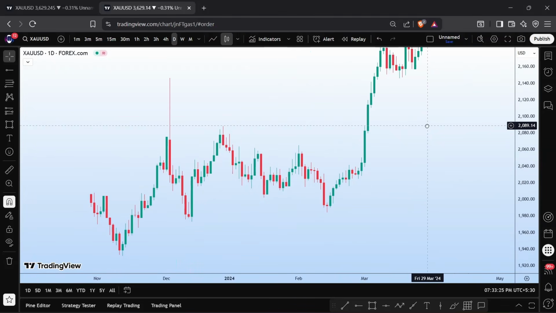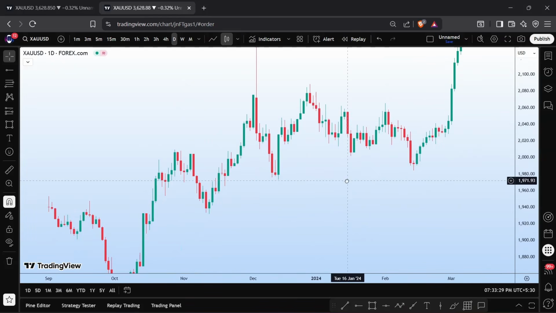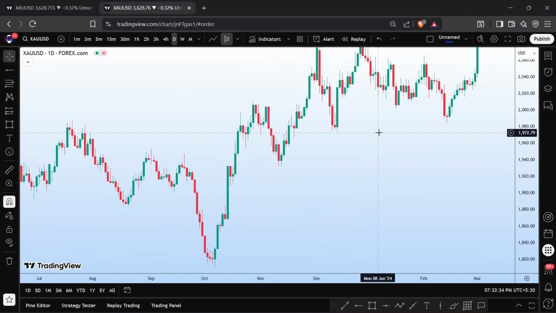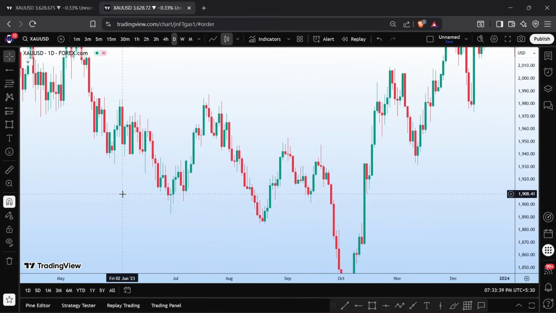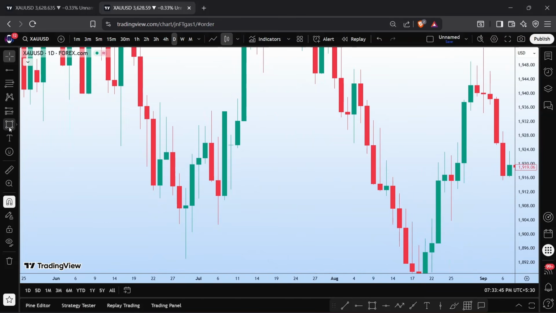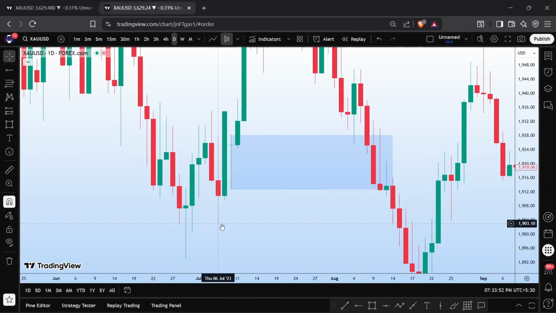Let's look for some more examples. Okay, something over here. This is not a same color EG buy. This is not an EG pattern. Okay, why is that?